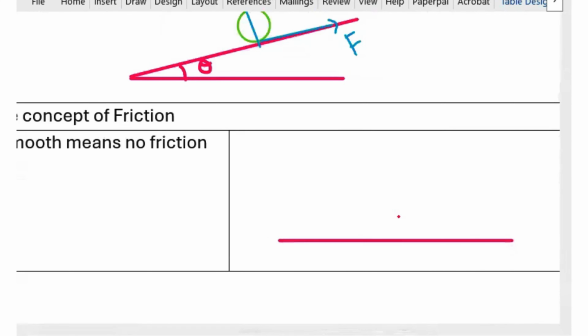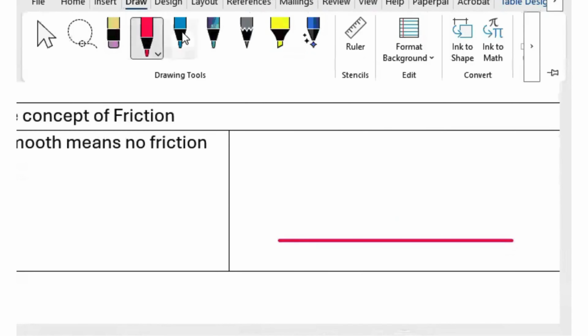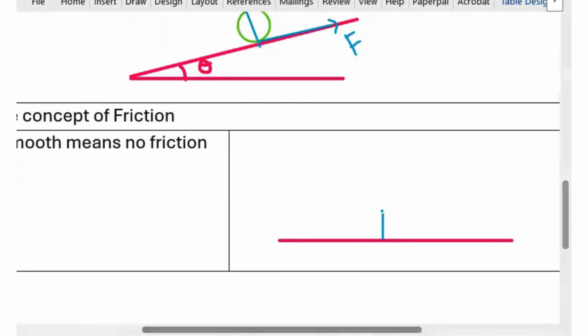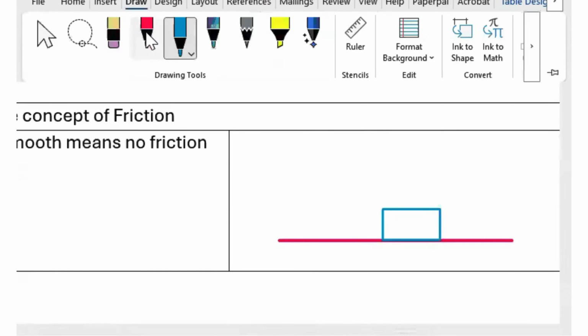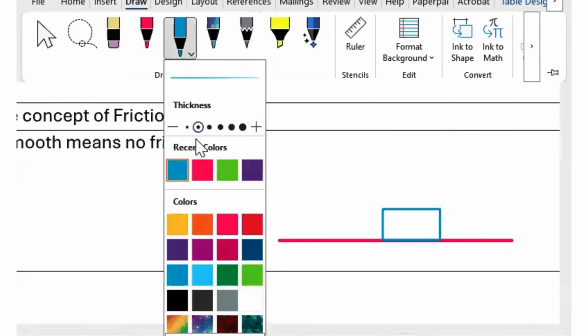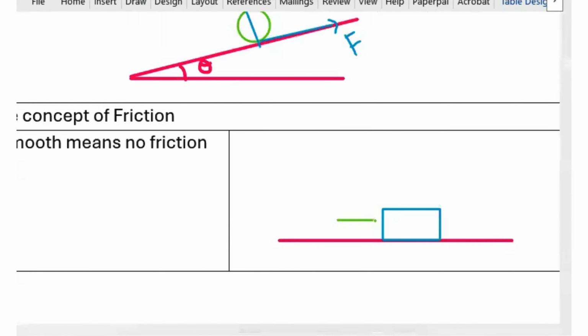If I have a box on this surface, and I'm trying to move this box and the surface is rough, obviously. For example, I apply a force of 1 Newton, and I see that by applying the force of 1 Newton, the object does not move.